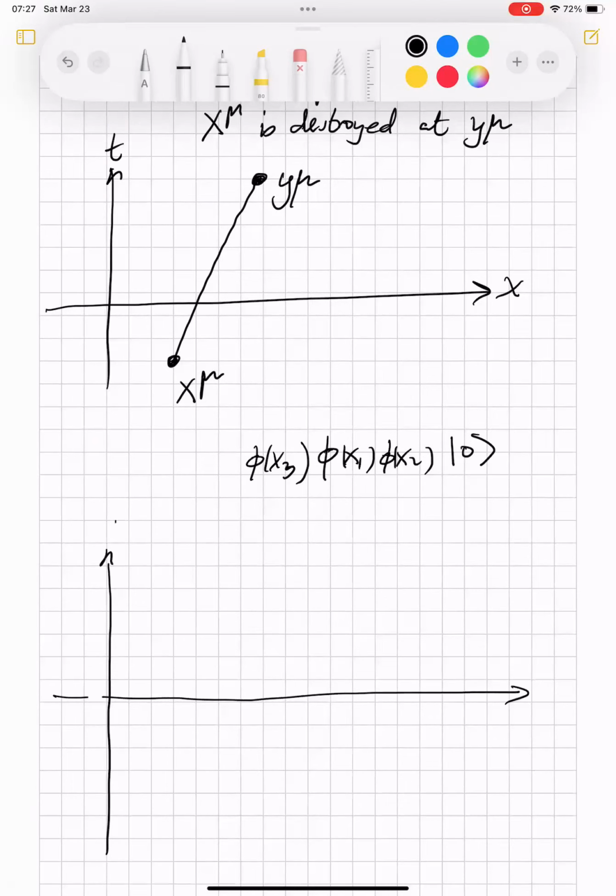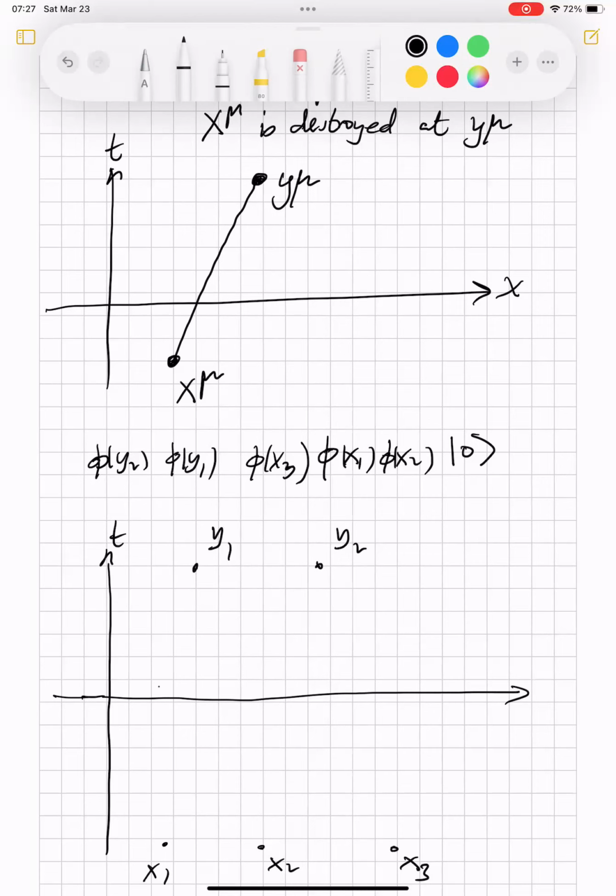So there is t. This is x1, this is x2, this is x3. So this is like we're creating particles. And then in the very distant future, let's try to detect some particles. Let's call this y1 and y2. So you should imagine the bottom of the graph is very, very far in the past. The top of the graph is very, very far in the future.